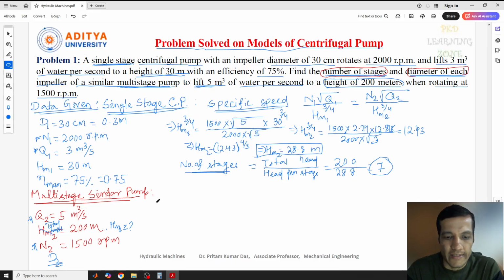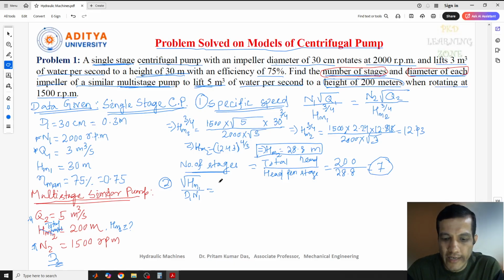Okay, and the second one is given: we need to find out the diameter of each impeller. So this is the first one, and the second one I'll write the diameter. Another equation we can consider, if you remember, root over of hm1 by d1 n1 equal to the same thing.